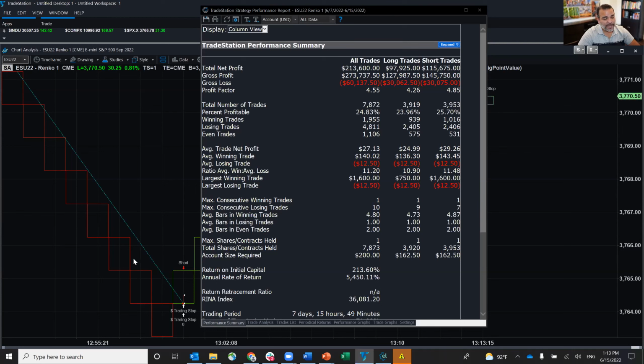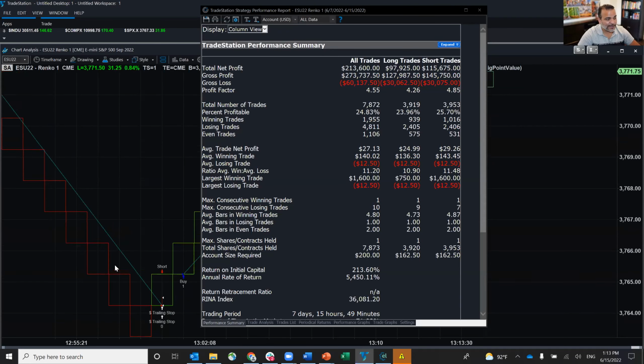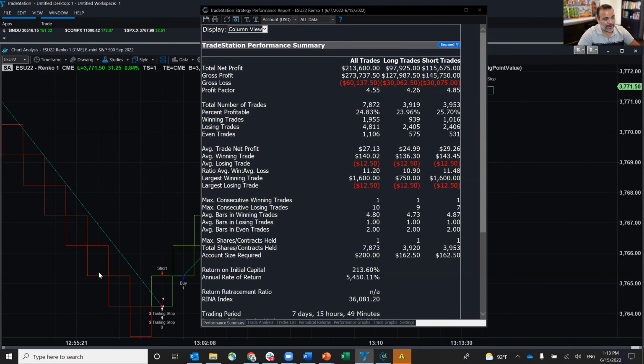What I was expecting is for the ticks to provide me exits somewhere in this downtrend, and it doesn't. It just seems like when it looks at Renko, it only looks at tops and bottoms, because I'm pretty sure that throughout this downswing, there must have been an uptick in the opposite direction that would have triggered my trailing stop, and it didn't. So that's interesting.